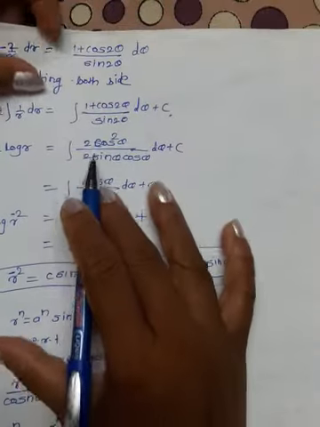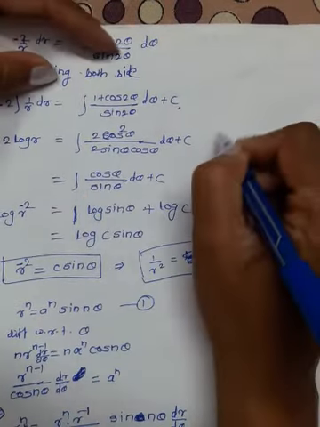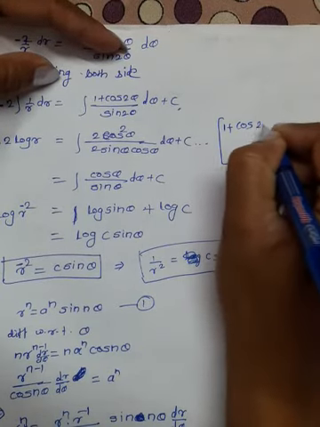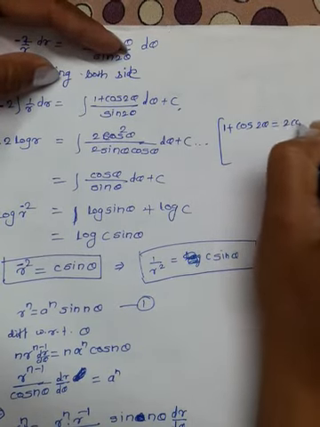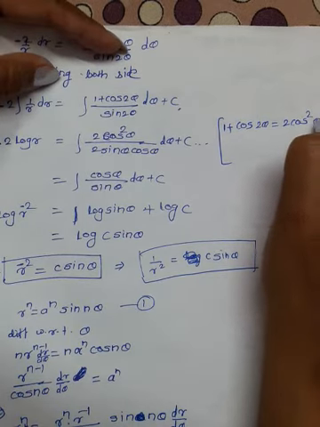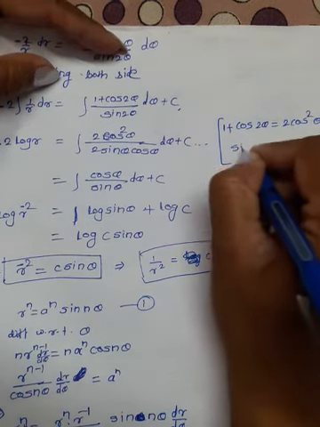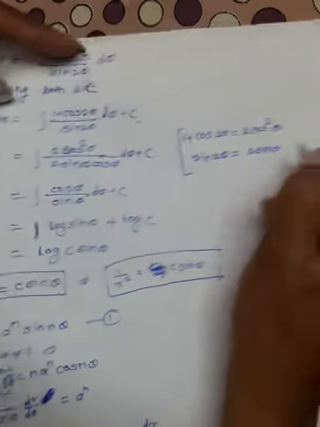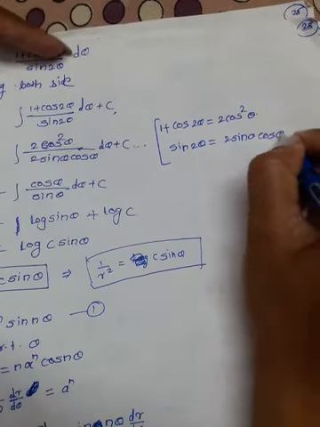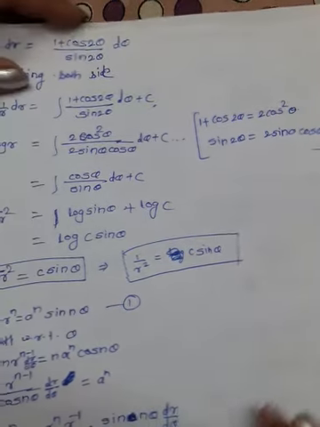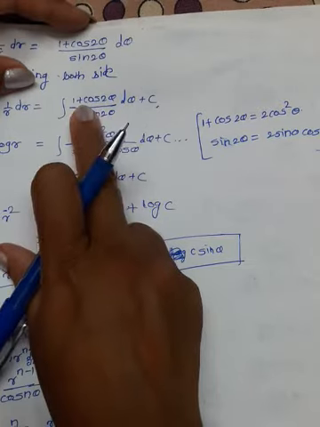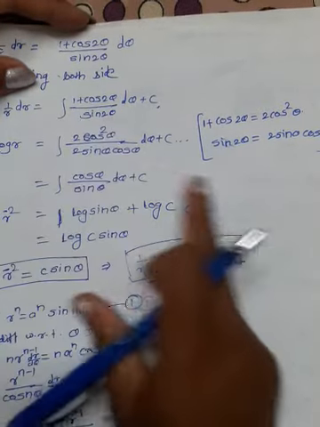We have to use trigonometry here to solve this integration. 1 plus cos 2 theta is 2 cos square theta, and sine 2 theta is 2 sine theta cos theta. These are two well-known formulae. Put these values here. It becomes 2 cos square theta here, and in the denominator it becomes 2 sine theta cos theta.